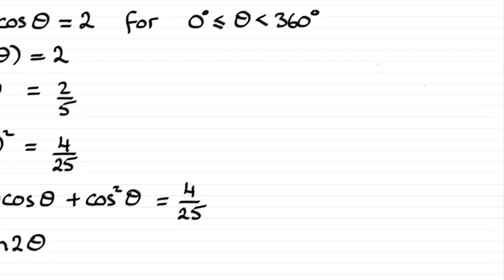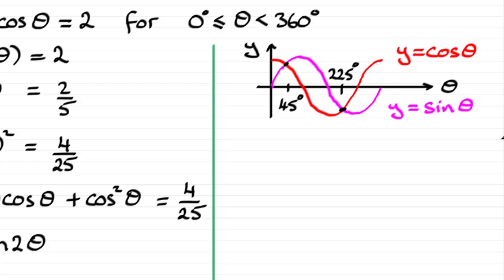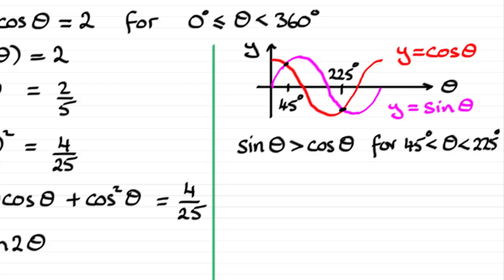Just to show you further, if we were to take the graphs of y equals cosine theta, illustrated in red here, and y equals sine theta, you'll notice that they intersect at 45 degrees and 225 degrees between 0 and 360 degrees. And sine theta is greater than cosine theta between 45 degrees and 225 degrees. I've got it summarized here.